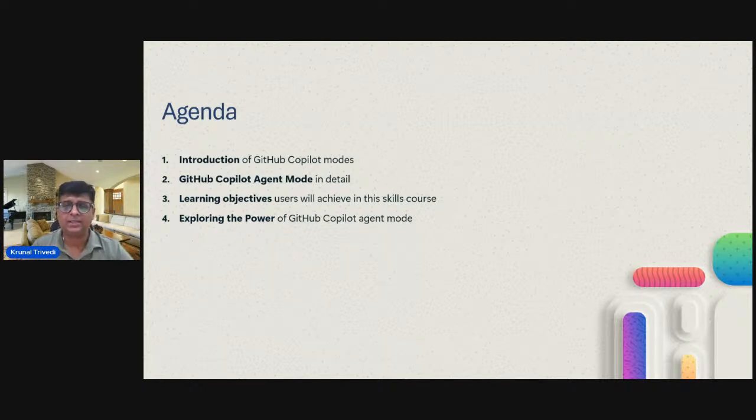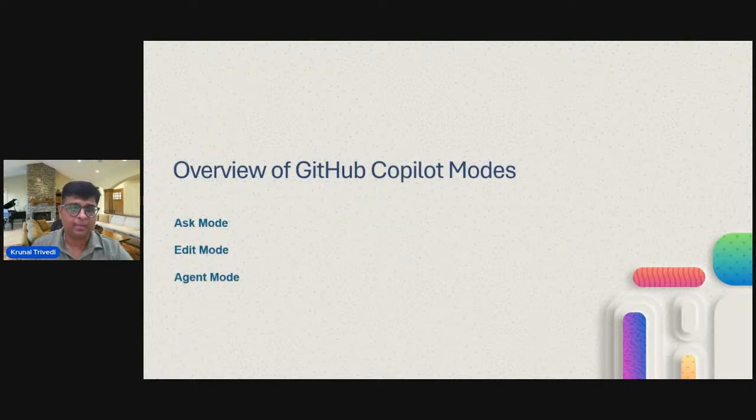So first of all, let's start understanding GitHub Copilot modes. In GitHub Copilot, we have three modes: ask mode, edit mode, and agent mode. As we all know, GitHub Copilot is an AI-powered application which enables you to write your code efficiently, helps you find bugs, and clears your questions during programming.